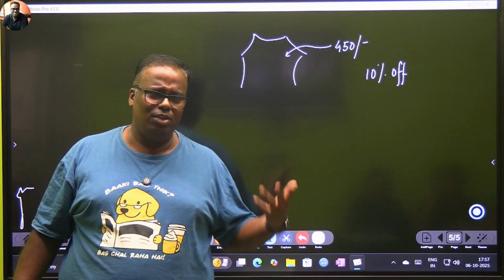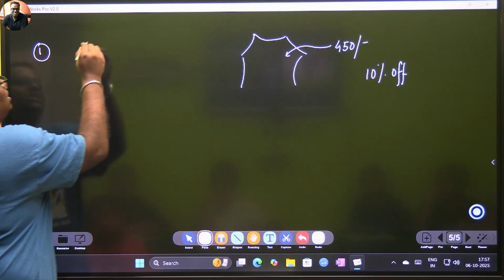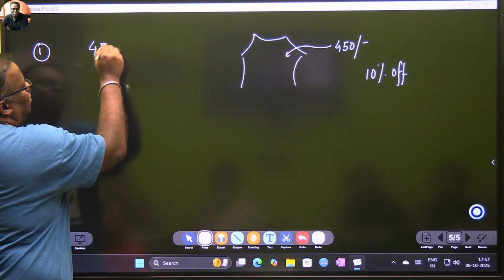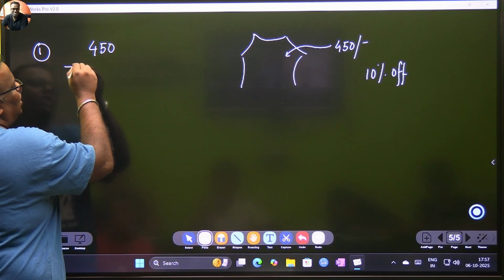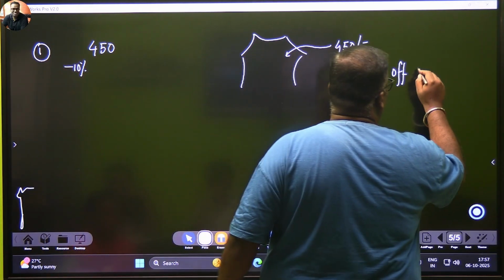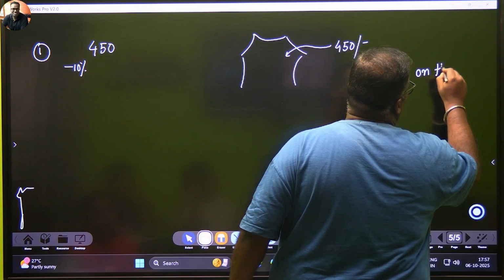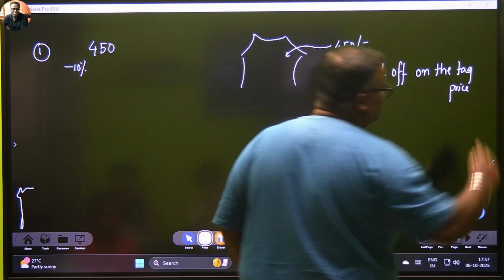So very quickly we should be able to calculate. Now let's see technique number 1. Original price is how much? 450. From there we have to take out 10%. But this 10% off is always on the tag price. Do you agree? 10% of what?